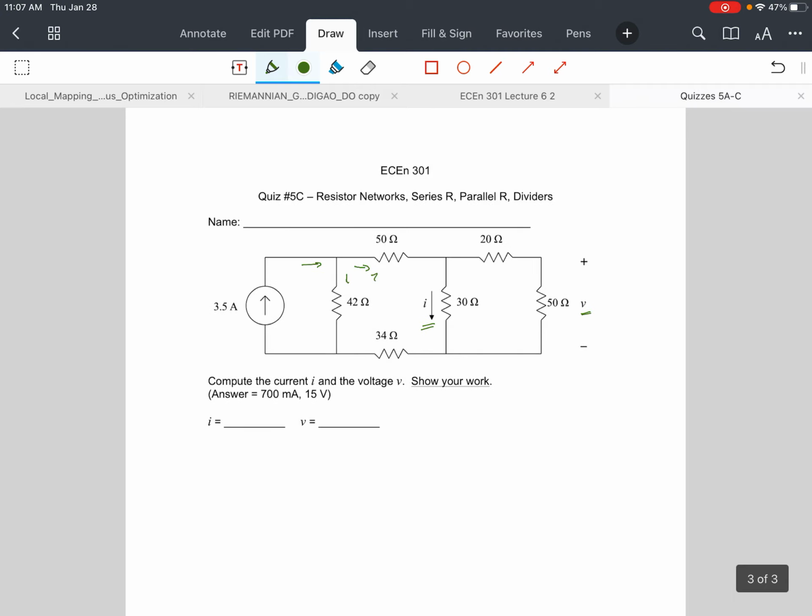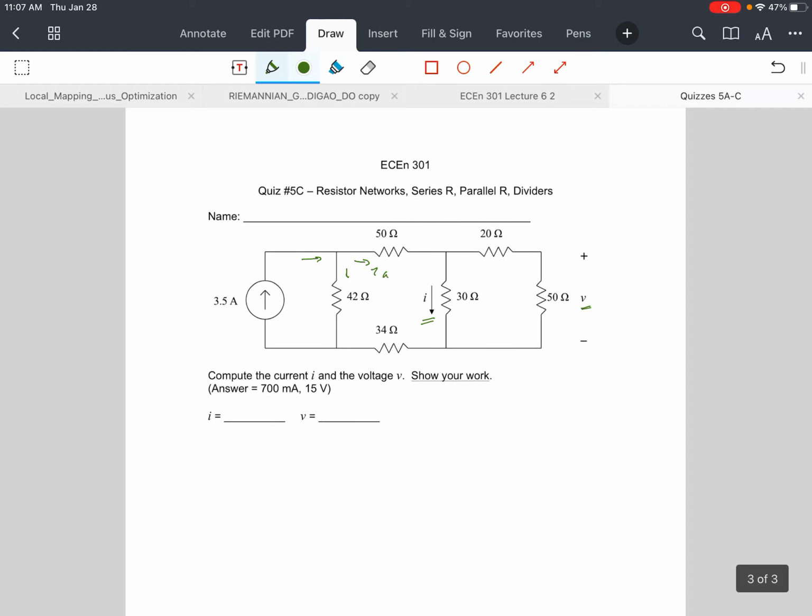Let's call this IA, and then find how much splits in these directions. So we could find I, then find this IB, and then by Ohm's law find V. So that's maybe a strategy that we could use.